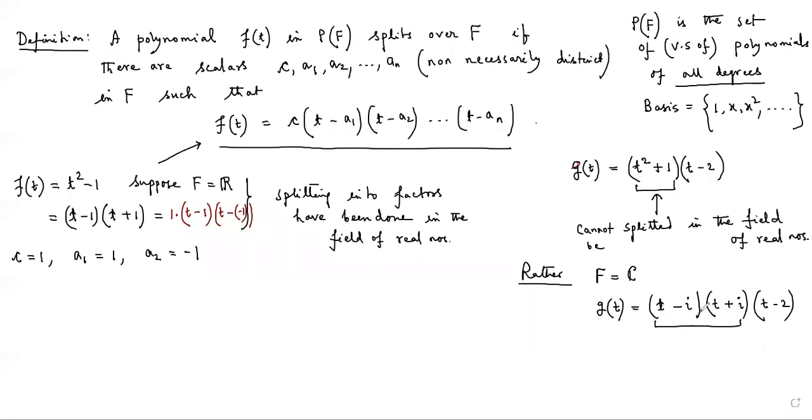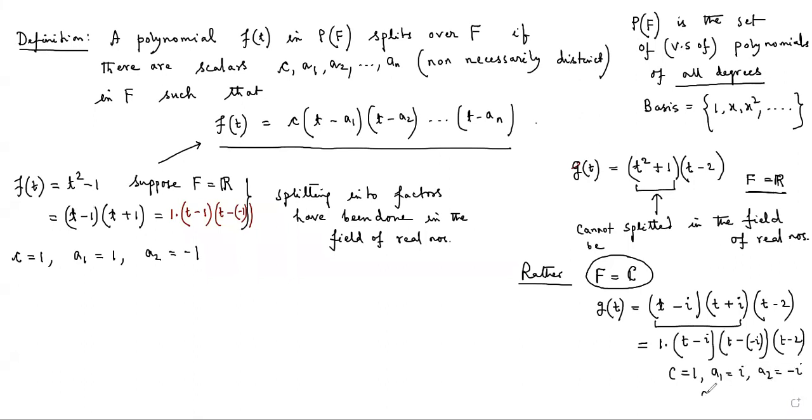This factorization, the splitting, is possible only if we consider the field of complex numbers, and it is not possible if we consider the field of real numbers. In the field of complex numbers, we can write it as 1 into (t - i) into (t - (-i)) into (t - 2). And here c is equal to 1, a1 equals i, a2 equals minus i, and a3 is equal to 2.